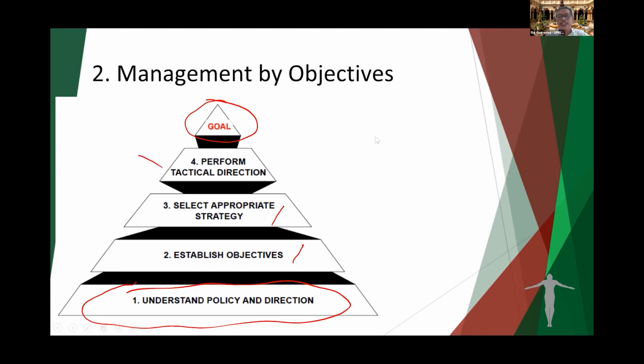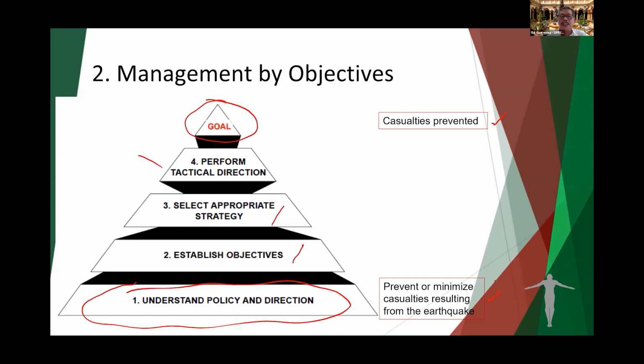So, for example, if we have an earthquake in our area, our goal is to prevent casualties. So, to understand the policy and direction should be to prevent or to minimize casualties from the earthquake.